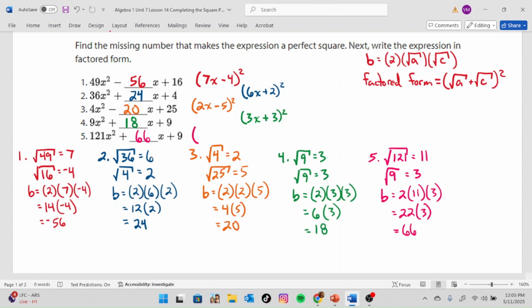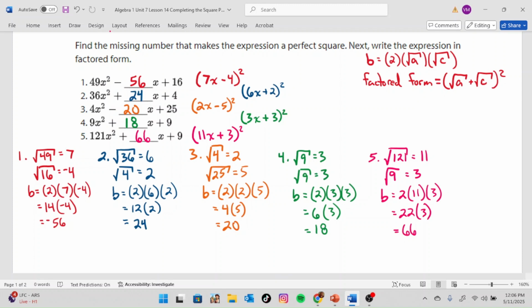When we write it in factored form, the ax term is going to be 11x. The b term is positive, so it's going to be plus. And then the constant is going to be 3 squared.